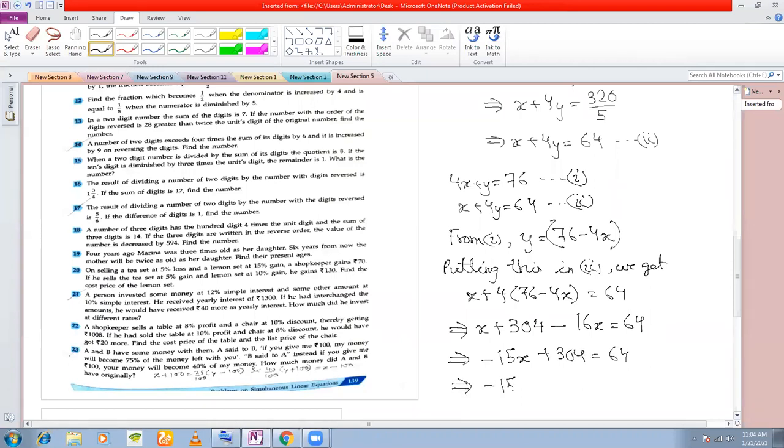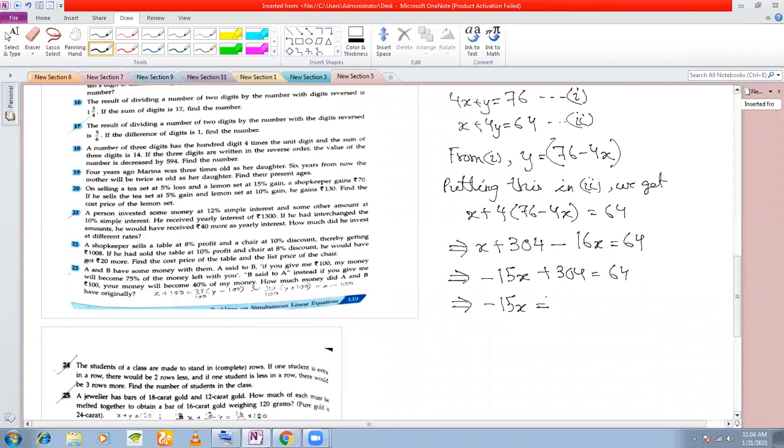Minus 15x is equal to 64 minus 304, so minus 15x is equal to minus 240.